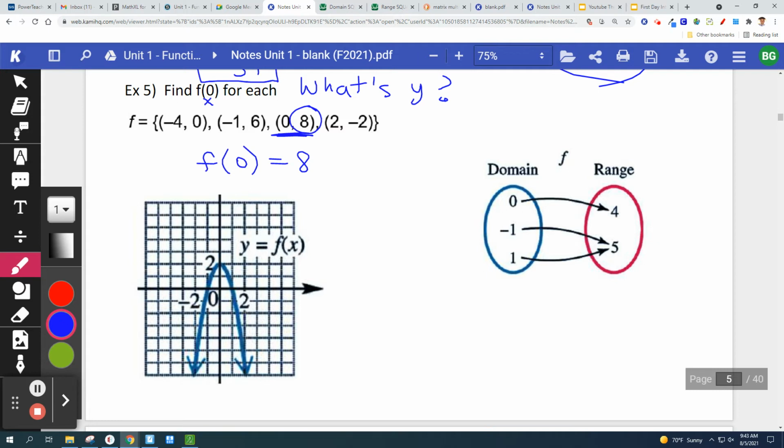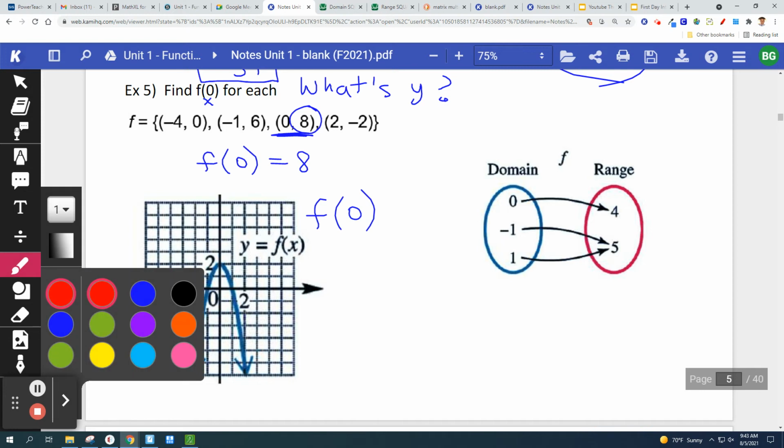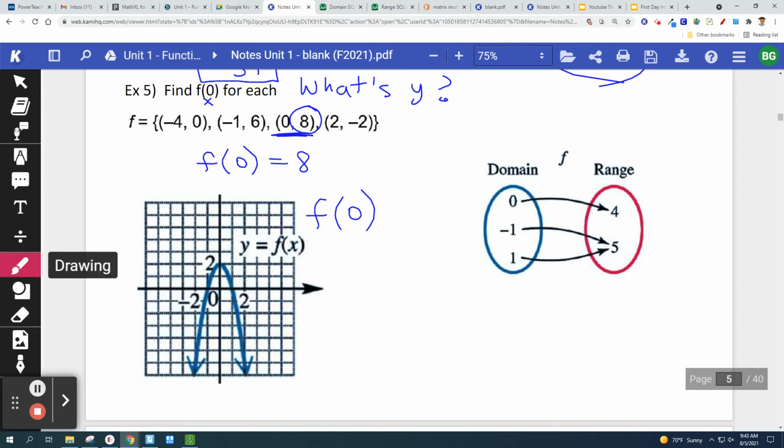Now people really screw up on this graph. When they're looking at the graph, they don't understand what f of 0 means. F of 0 on this graph, just think about it as that's the x number. When x is 0, what's y? So you have to look specifically on the graph where x is 0. X is 0 right there. That corresponds to this point on the graph.